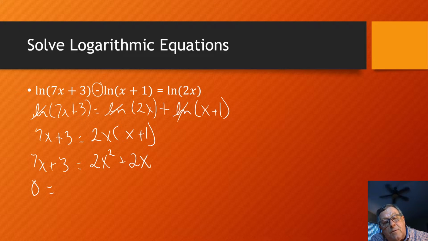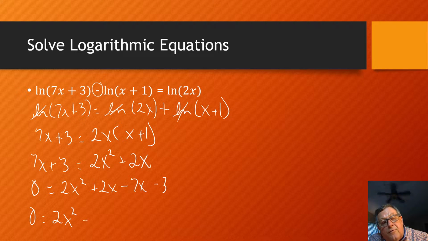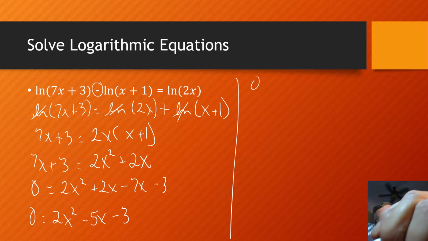So now we got 0 equals 2x squared plus 2x minus 7x minus 3. Well, why don't we combine like terms? And so we got 0 equals 2x squared minus 5x minus 3. And now let's factor that equation.